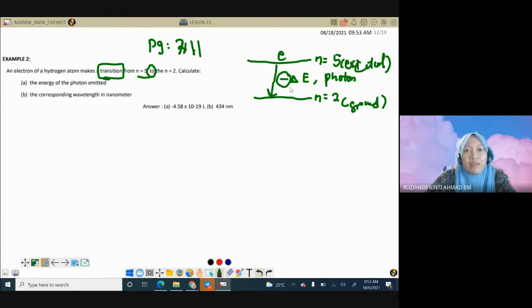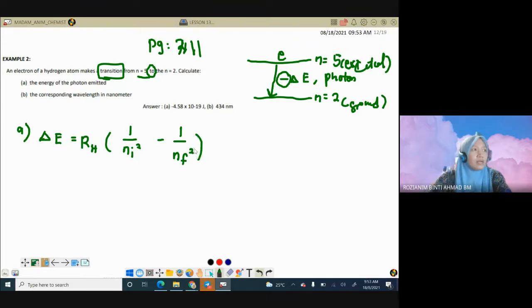What is the formula? So kita tahu location of transition of electron. So the equation of A, you must use the relationship in the Rydberg constant. So delta E equal to RH constant, okay, times 1 over N initial square minus 1 over N final square. Formula I suggest during you calculate, it's better you write down the formula first, because I already said before, sometimes formula ada markah.